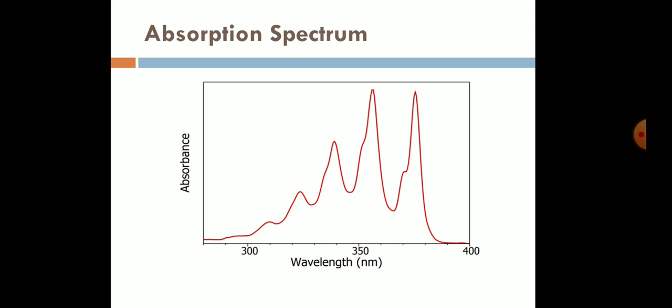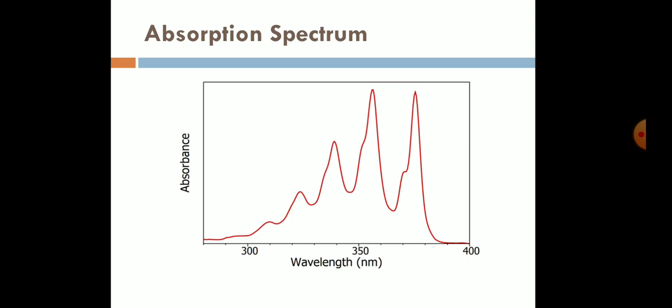Absorbance means the intensity of the light that has been absorbed by the sample. Now in this figure we can see 4-5 bands or peaks. These peaks are telling us that at these wavelengths the light has been absorbed by the sample.